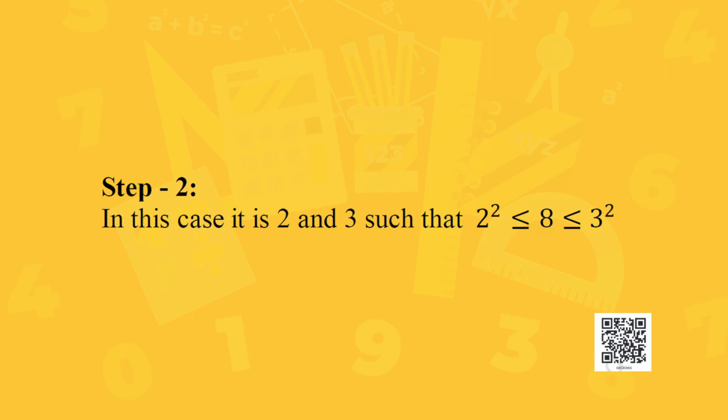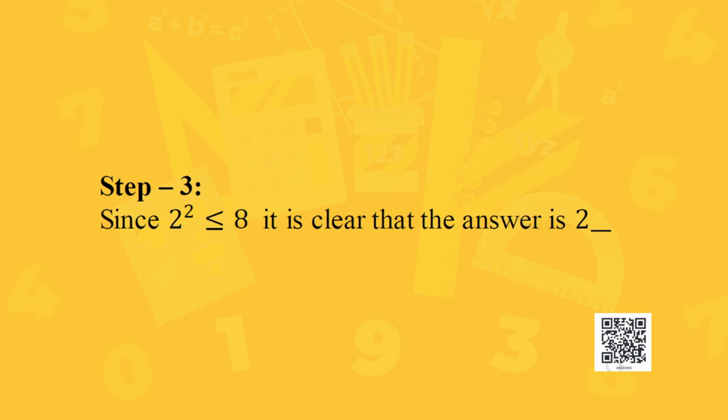So in this case the last digit is 8 and it lies between 2 square and 3 square. Moving on to step 3, identify the lesser number as the last digit of the required answer. Here it is 2 because 2 square is less than or equal to 8.